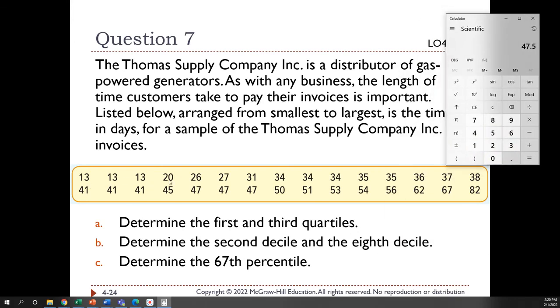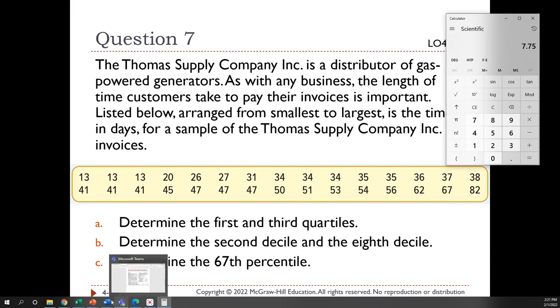We have 1, 2, 3, 4, 5, 6, 7, 8, 9, 10, 11, 12, 13, 14, 15. So we have 30 numbers. So we know we have 30 plus 1. That's 31. Now if I want to find the 25th percentile, 25 divided by 100, 0.25 times 31.